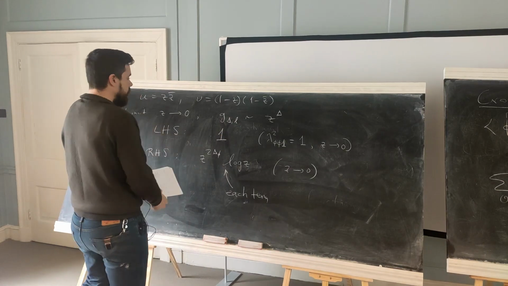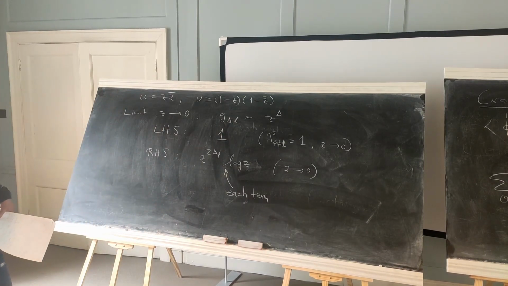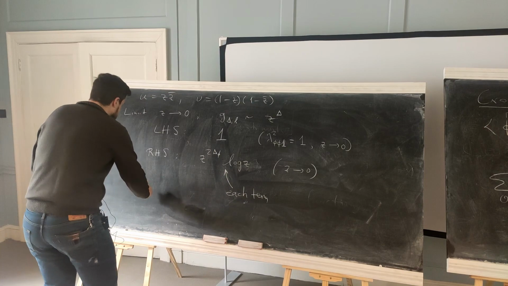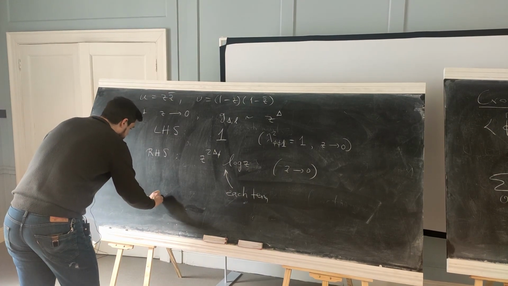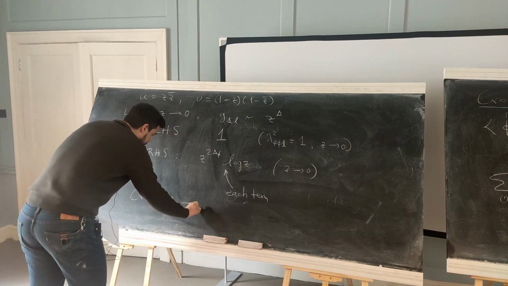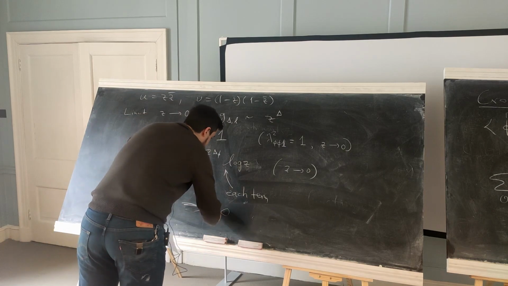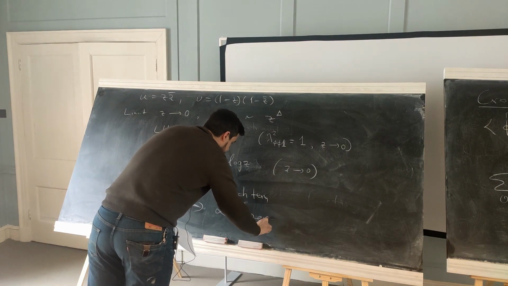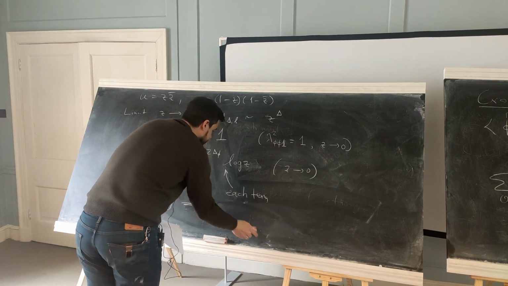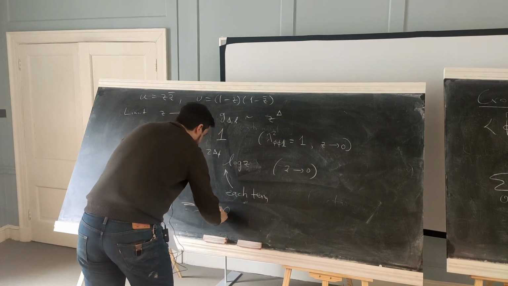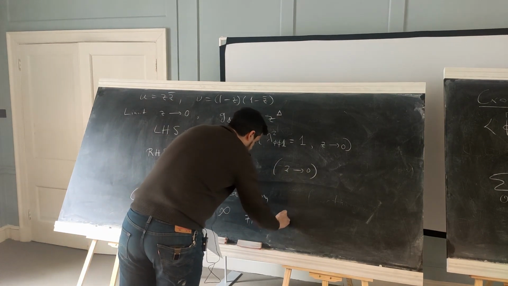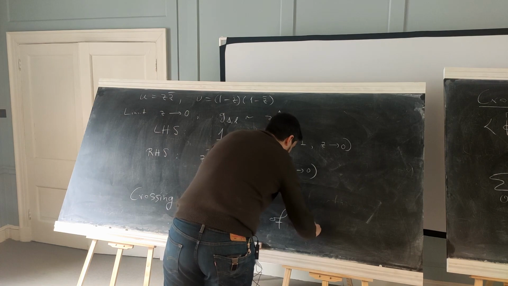The conclusion from this is that crossing symmetry can only be satisfied. So crossing implies that we have infinite operators. To be more precise, an infinite number of operators.